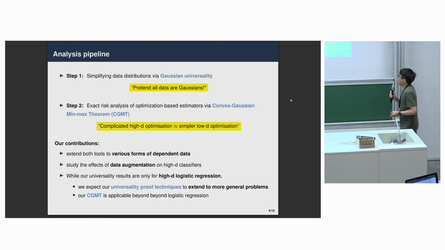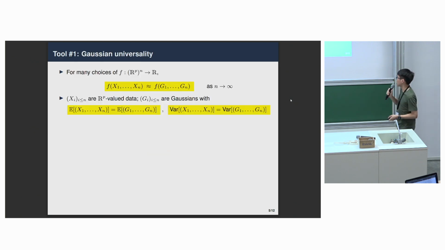All right. So for the rest of the 5 minutes, I'm just going to unpack a little bit what Gaussian universality is and what CGMT is, for those of you who haven't seen it before. So Gaussian universality is this probabilistic phenomenon that says for many choices of statistics F, even for ones that are rather high dimensional, if I want to understand the limit of the statistic as a function of my data x1 to xn, say some distributional limit or moment limit, often I can replace my training data directly by Gaussians.